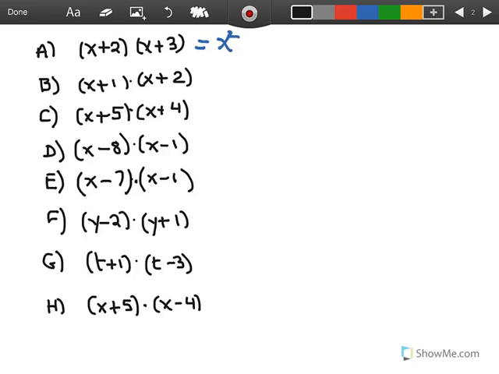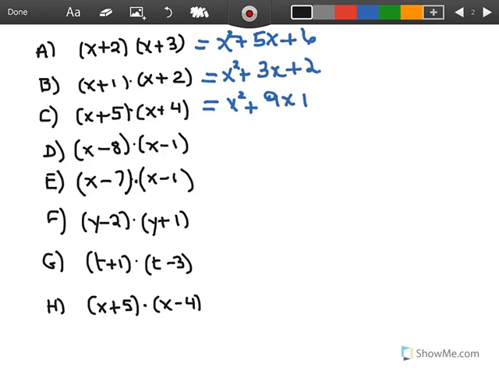So it would be x squared, 2 plus 3 is 5, 2 times 3 is 6. X squared, 1 plus 2 is 3, 1 times 2 is 2. X squared, 5 plus 4 is 9, 5 times 4 is 20. X squared, negative 8 and negative 1 is negative 9, negative 8 times negative 1 is positive 8.